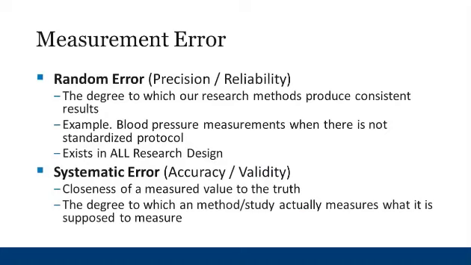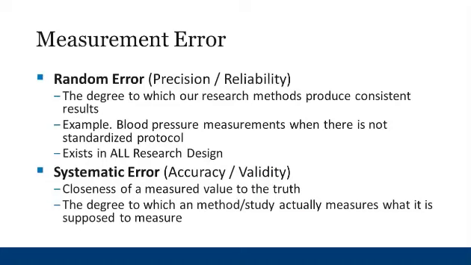Well, random error is oftentimes described with the words precision or reliability. This is the degree to which our methods produce consistent results. So the key there being consistent results over time. I'd like to think of this a little bit like an archer trying to hit a target.